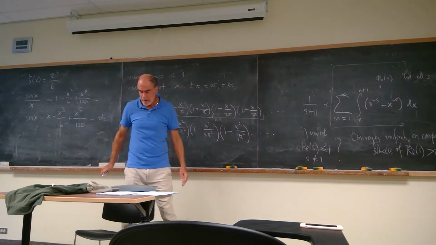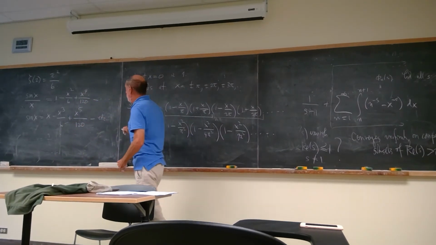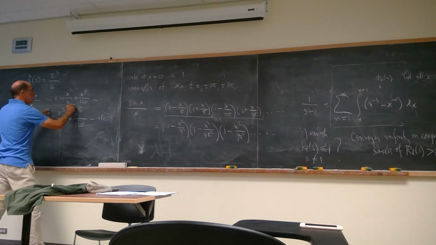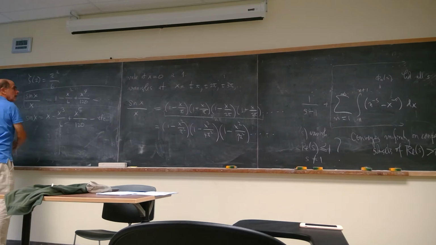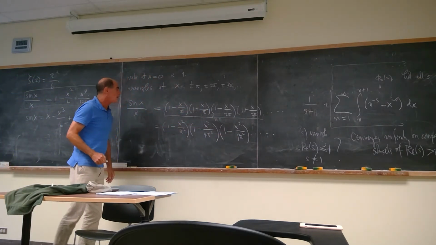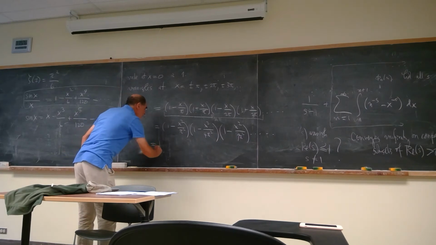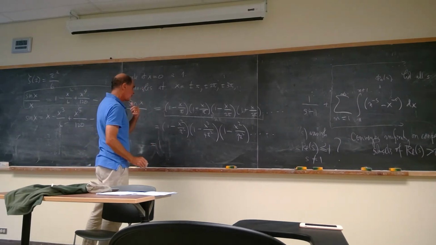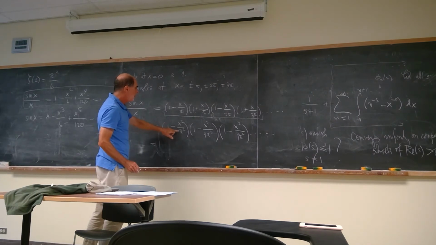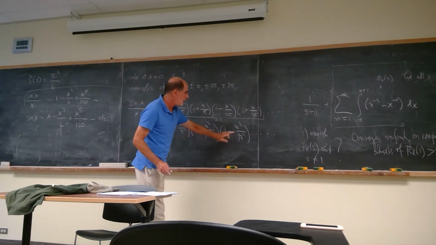Seemed reasonable. And if it has this product expansion, but it also has this Taylor expansion, then you can equate the coefficients of x squared and so on, this is also an even function. So this goes like 1. And then what's the coefficient of x squared? Well, you get 1 over pi squared, 4 over pi squared, 9 over pi squared.